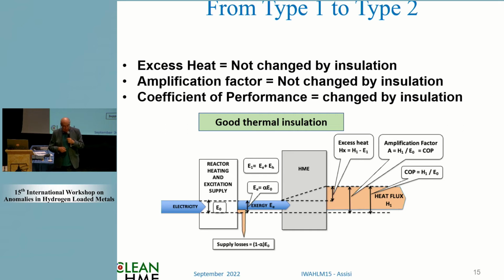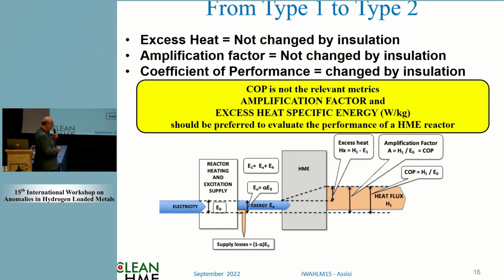But the amplification is kept. The coefficient of performance is changed. So when you speak about the coefficient of performance, you have to make sure what is the heat output, which is known, but what is the heat input you take into account. And not everybody agrees on these definitions, and how you count the supply losses, the losses of this excitation system.